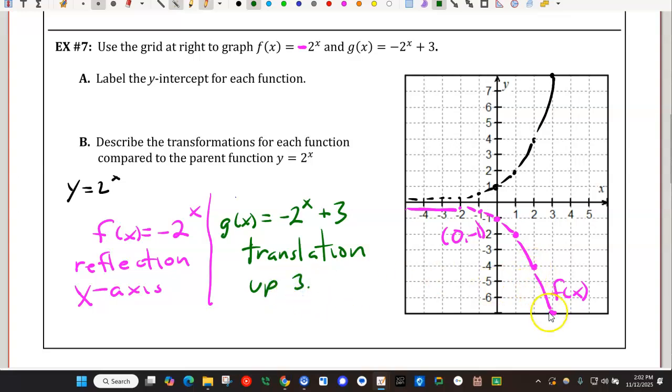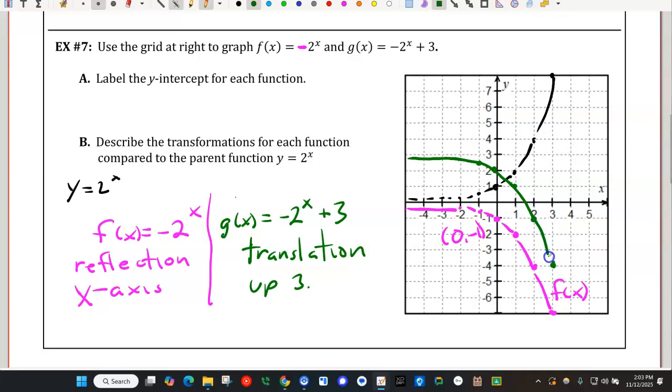So take each one of those from the second graph here and just move it up 3. 1, 2, 3. 1, 2, 3. 1, 2, 3. 1, 2, 3. Half, quarter. There we go.